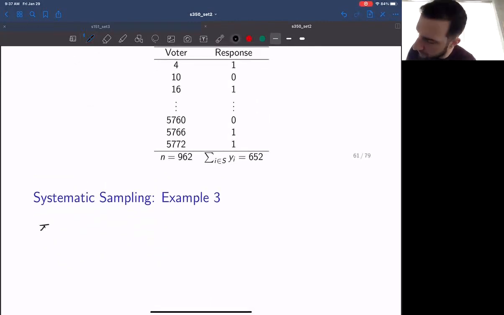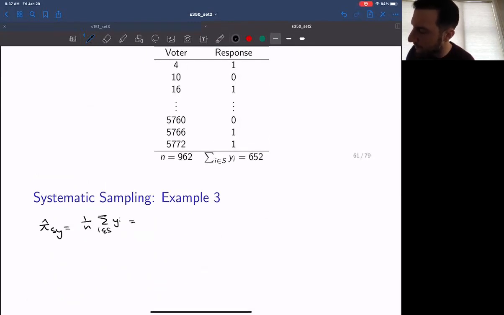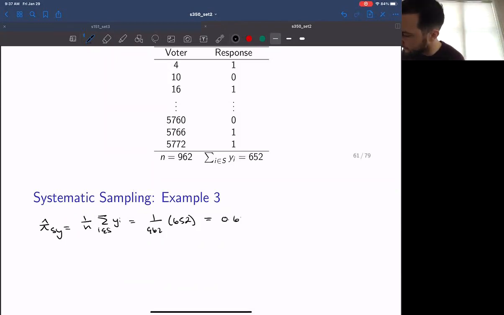So pi hat sy is just going to be 1 over little n multiplied by the sum for all i in s of yi. This is going to be 1 over 962 multiplied by 652, which is going to be 0.658.